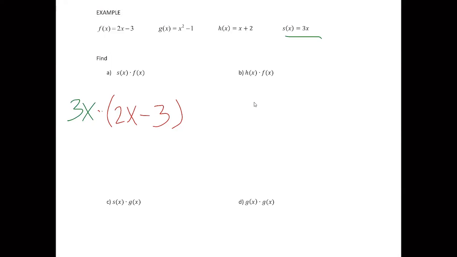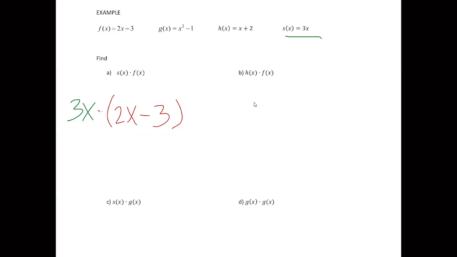If you remember some terminology from Algebra 1 or Algebra 2, 3x is a monomial. It just has one term or one part. But 2x minus 3 is a binomial. It has two parts, because it has 2x and it has the minus 3. So we want to put parentheses around it if you have more than one piece, if that makes sense.